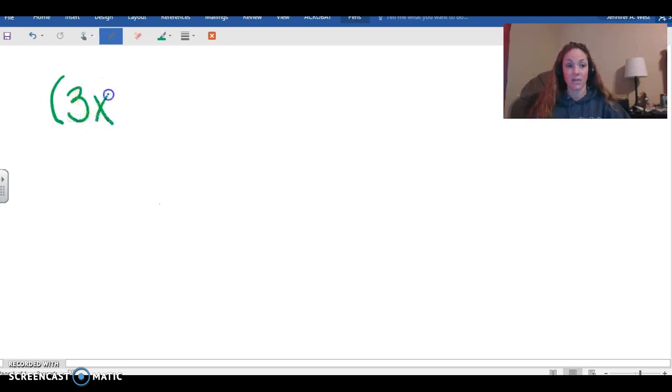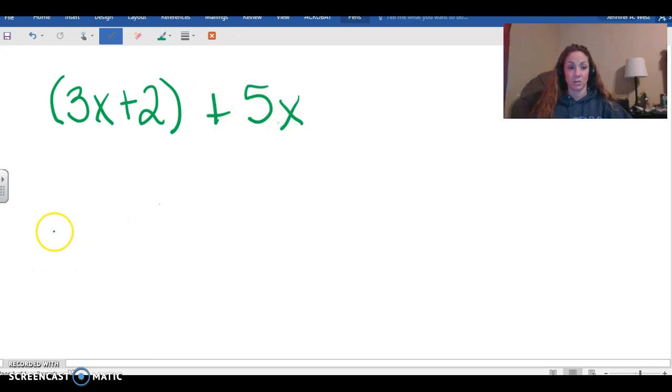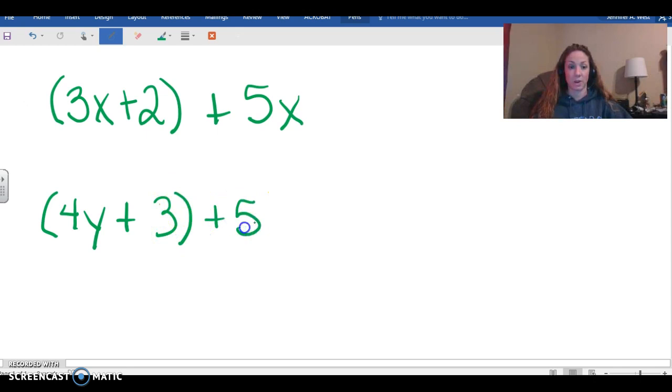So we have 3x plus 2 plus 5x. So simplify that one. Then there's 4y plus 3 plus 5x. And then your third problem, I guess I can number these for you: 1, 2, 3.